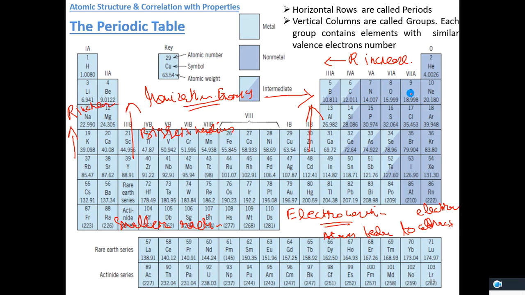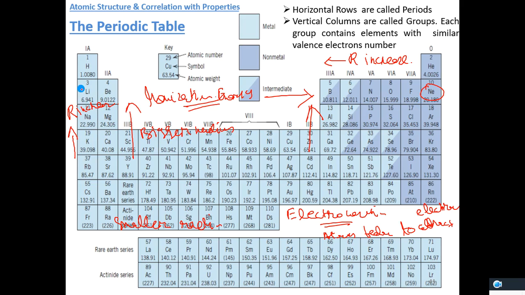Because here we can see, with the increase in the number of electrons, if we go from left to right, for example neon, then we have more electrons in the shells. So that's why we will need higher ionization energy, or the electronegativity value will also be higher.